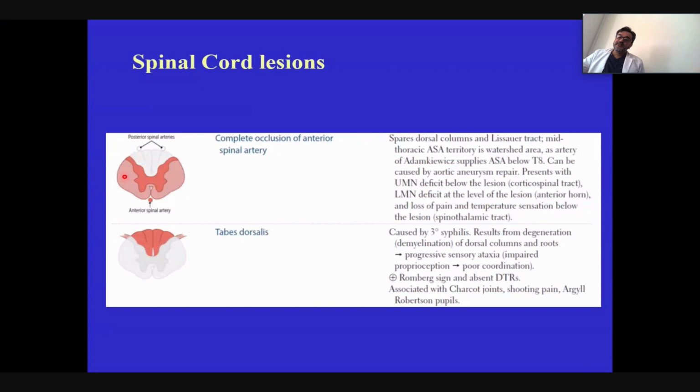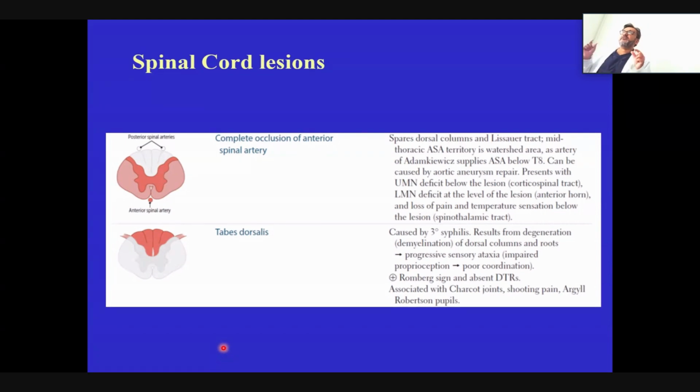The anterior 2/3 is supplied by the anterior spinal artery, and there is a watershed area, because not only the anterior spinal artery is supplying here, but the intersegmental arteries from the aorta are also supplying.